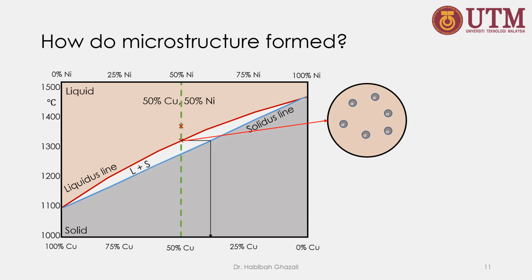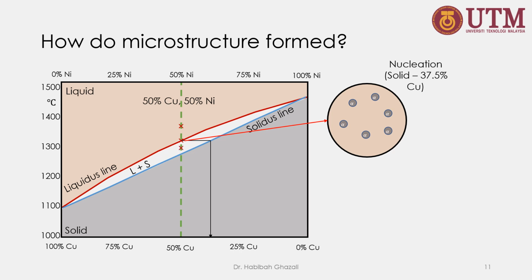Using the tie line, we can determine that the first nuclei that start to form when the temperature touches the liquidus line consist of 37.5% copper. As the temperature drops, these nuclei will start to grow. The crystal structure will grow bigger and bigger, and the grain will become bigger and bigger.